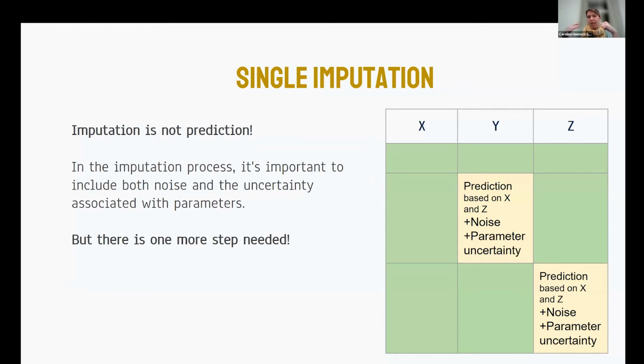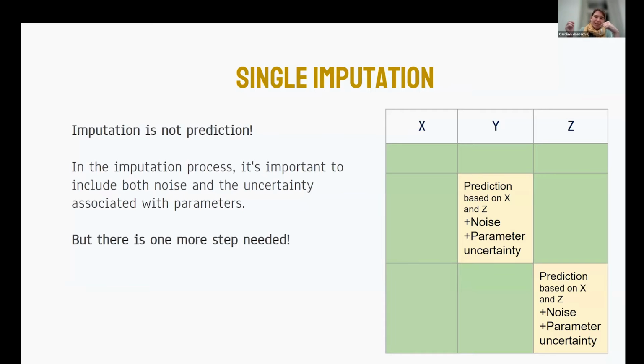The thing that is still not ideal is that when we take the data set and analyze it as if it were a completely observed data set, we forget that these imputed values are not observed values. So we are not treating them right.